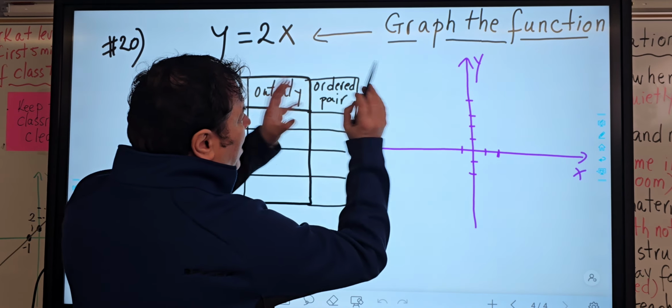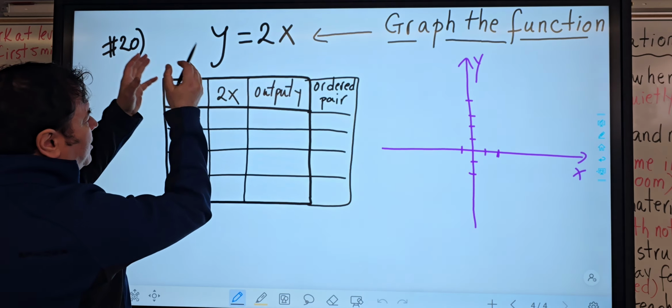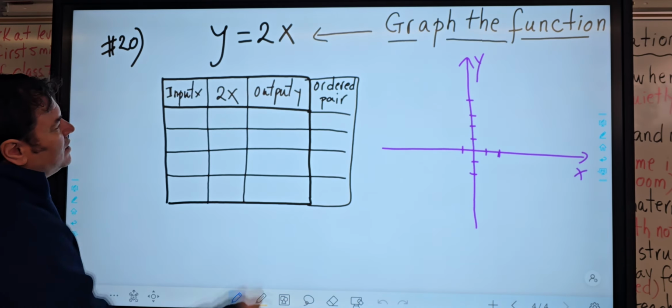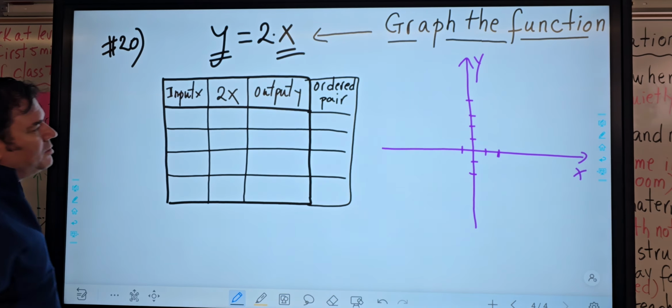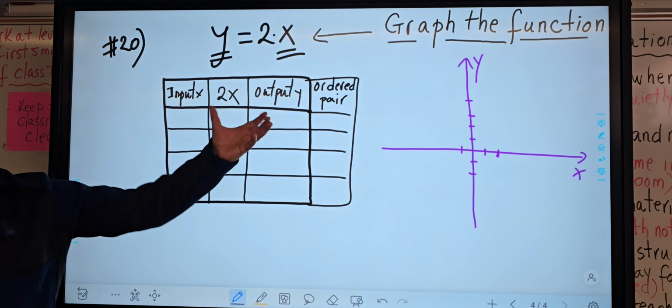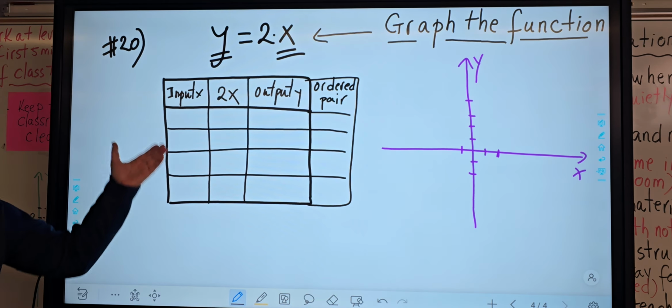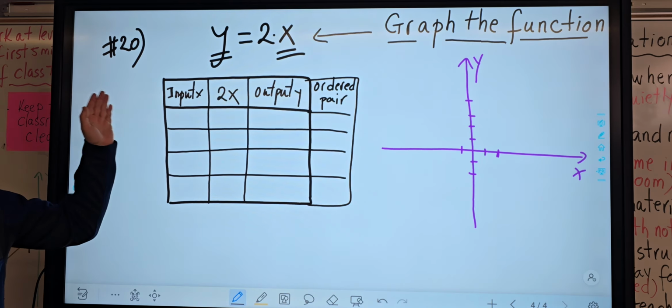They are asking us to graph this function. So we have the function y equals 2x. Remember, the x is the input and the y is the output. So in order for us to graph this function, we need to create a table of values.